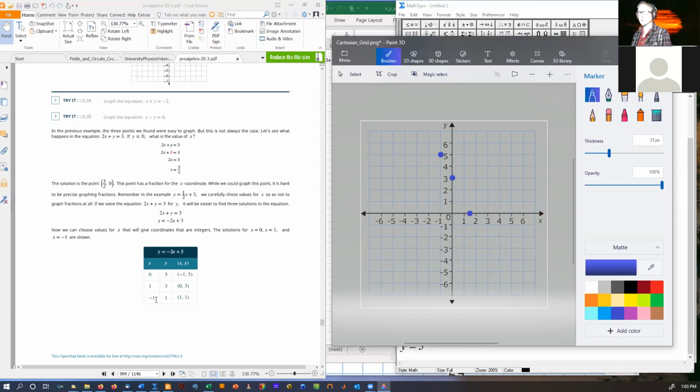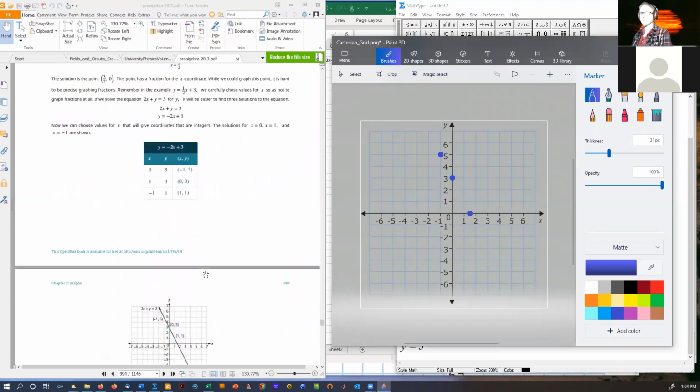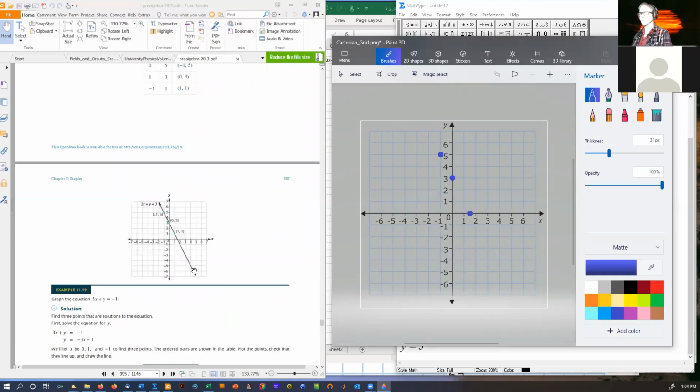And when x is equal to negative 1, this should be 5. So this table here is screwy. Somehow they didn't do it right. But you can see that they get the same answers we did, although they plotted 1, 1 instead of negative 1, 5. If we put 1, 1 on here, it's going to be on the same line. Okay. All right.